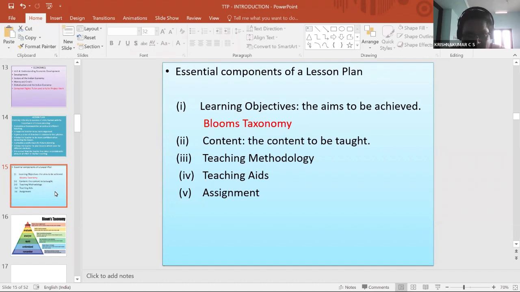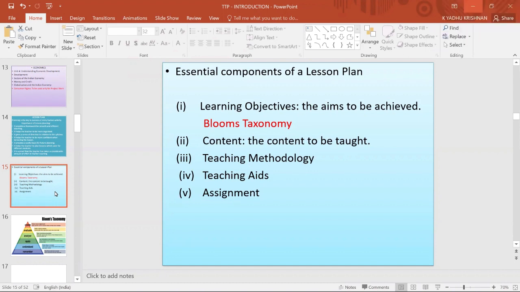The child's interaction is very, very less and the child's activities are limited. So that is not an effective way of learning. It becomes monotonous and boring. You may even find the children sleeping in the class. Am I right?